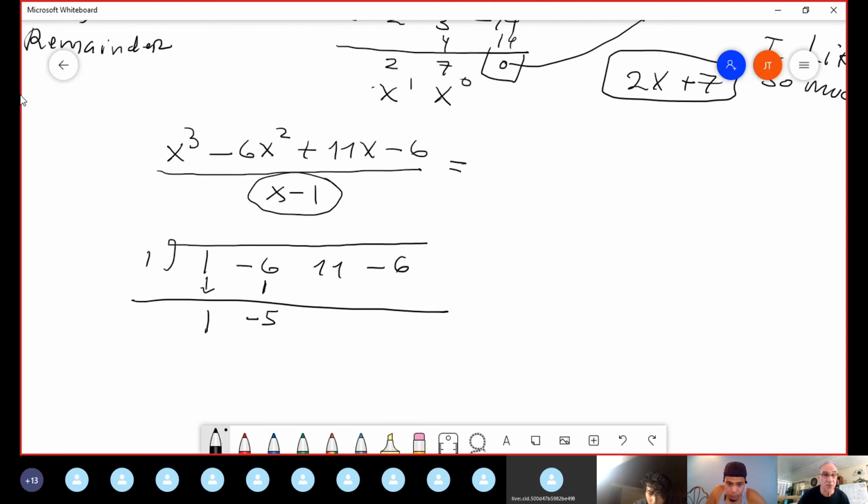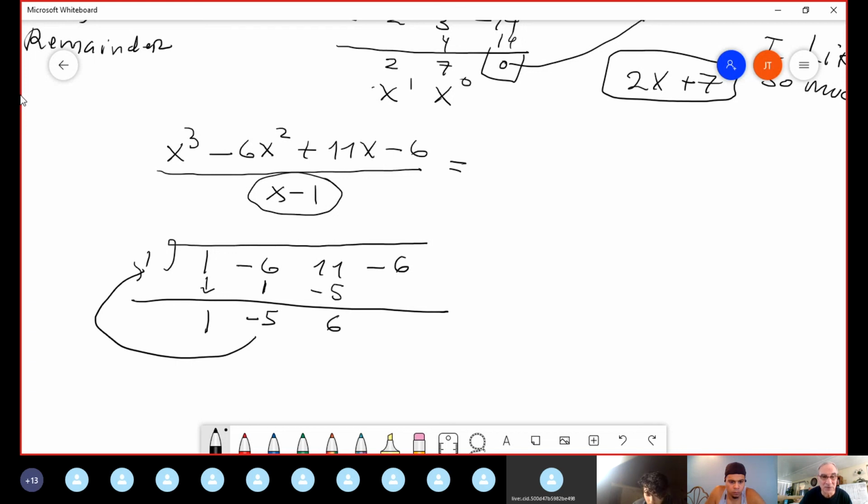So you bring down this one directly. You multiply this and this, and you copy that product here. You combine like terms: negative 6 and 1 is negative 5. Multiplication, this and this is negative 5.